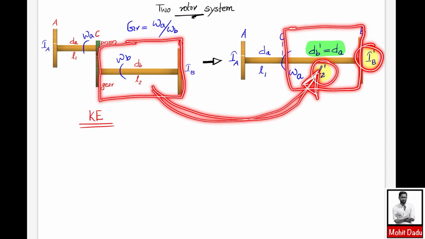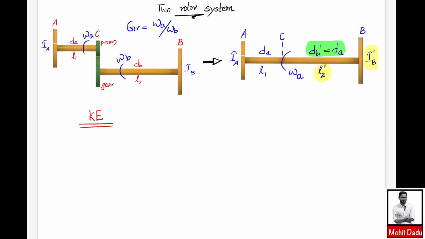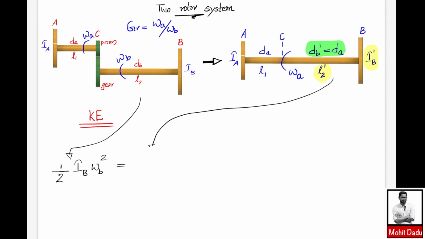Kinetic energy is actually the rotational kinetic energy, which is of the form of half I omega square. So in this case the kinetic energy is half into IB into omega B square. And for the second part we are focusing on, the first section is common in both systems, and this will be equal to half into IB dash into omega B dash square.